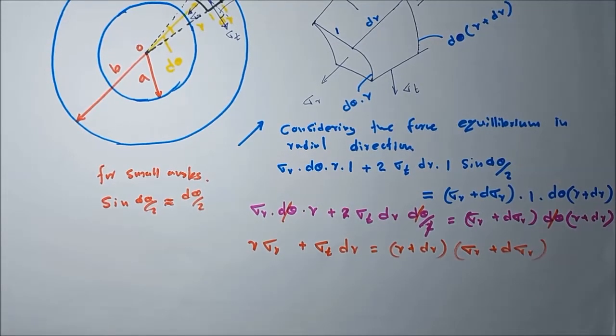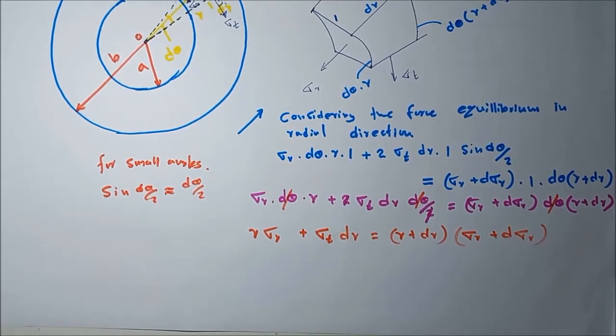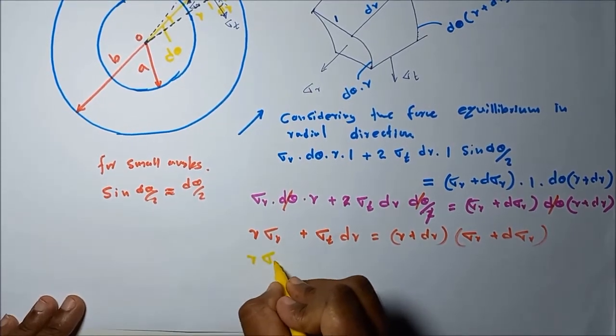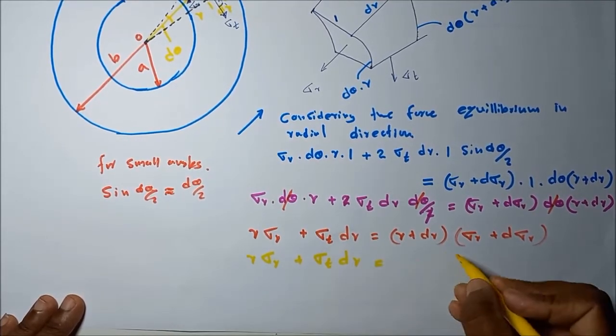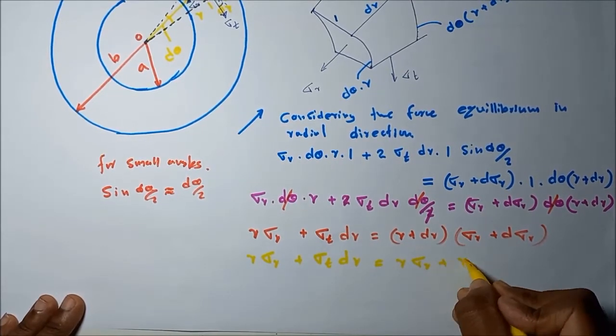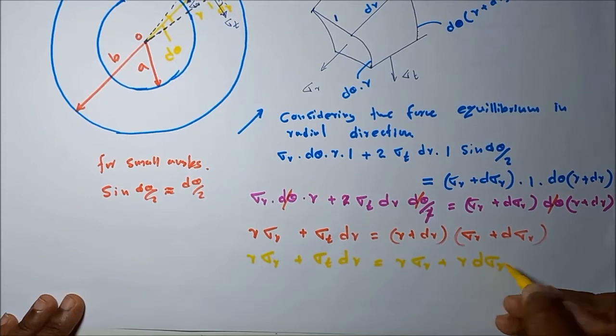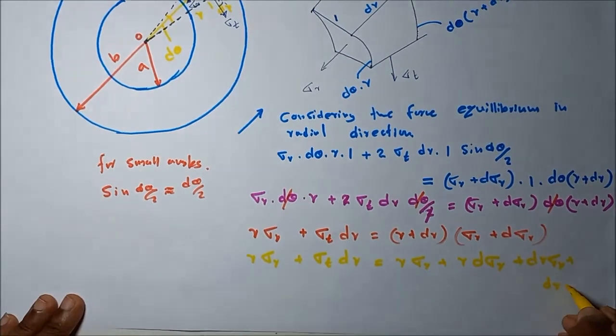Then further we can simplify this equation. r sigma r plus sigma t dr is equal to r sigma r plus r d sigma r plus dr into sigma r plus dr into d sigma r.